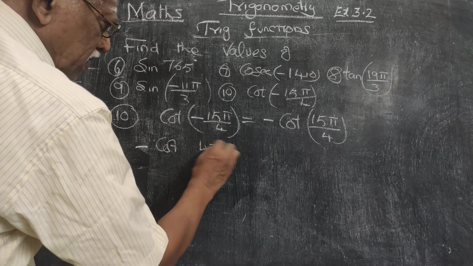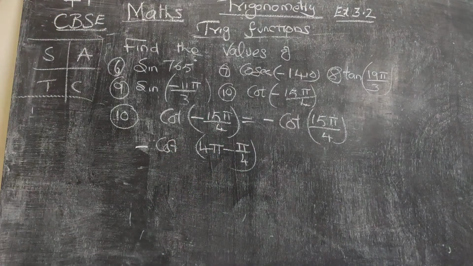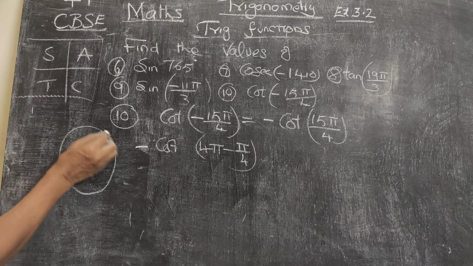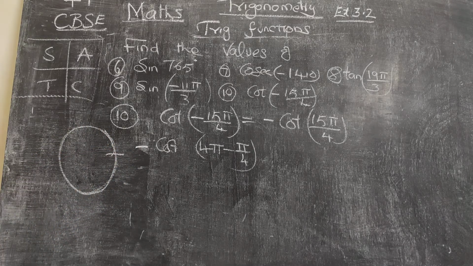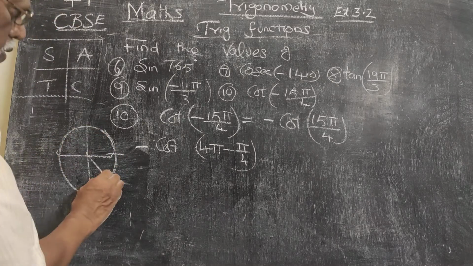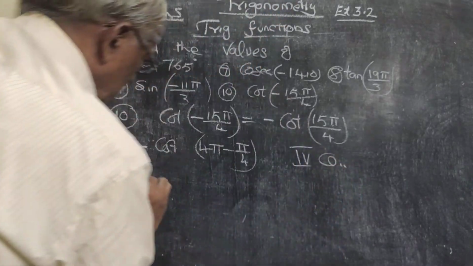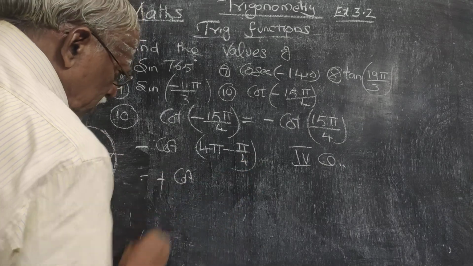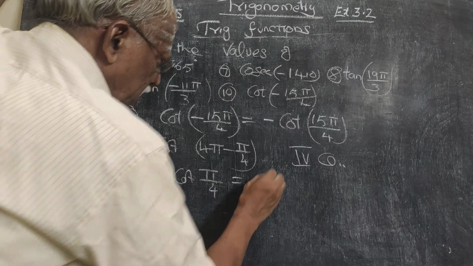So I can very well say that 4 pi minus of pi by 4. 4 into 4 16 minus 1. 4 pi means up to this 2 pi, another 2 pi, so 4 pi. 4 pi minus pi by 4. So 4 pi minus pi by 4 will be in fourth quadrant. Minus cot, since it is in fourth quadrant, there is also minus. So cot pi by 4, the answer is plus 1.